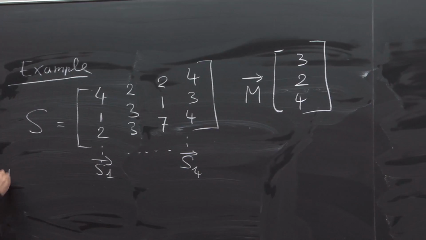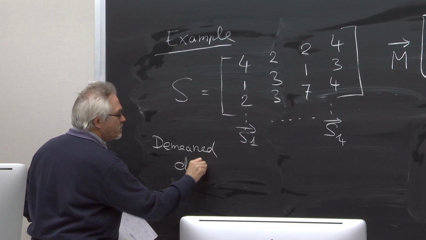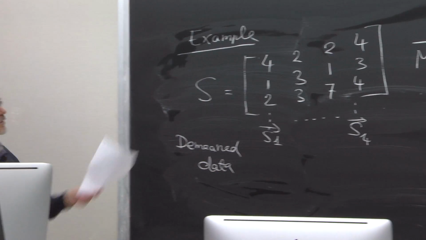So now we get the demeaned data by subtracting the mean from every observation.